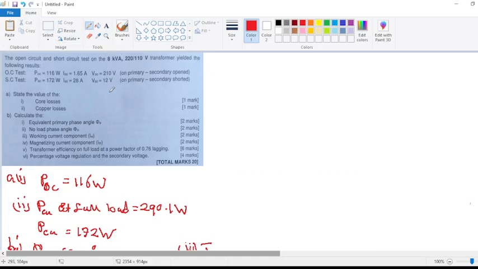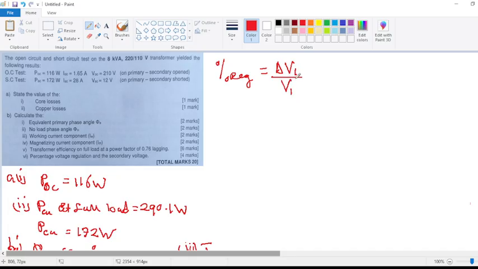Okay, so the percentage voltage regulation here is relative to the primary rated voltage of 220. So the percentage voltage regulation has to be equal to the voltage drop on the primary side, divided by the rated voltage of the primary side.